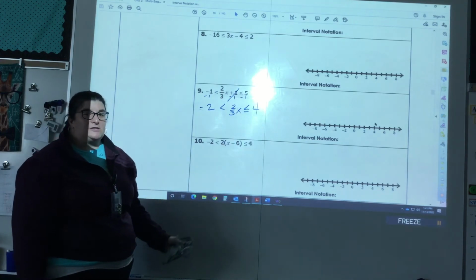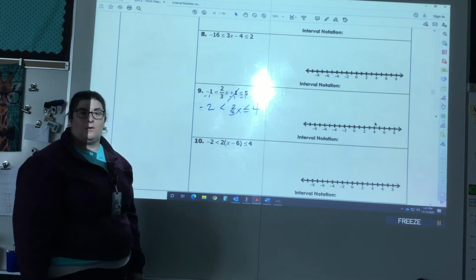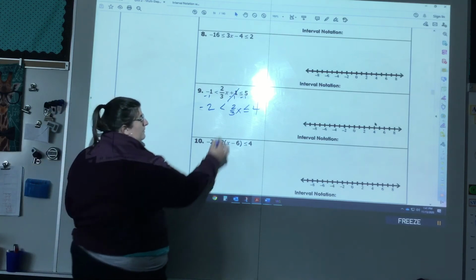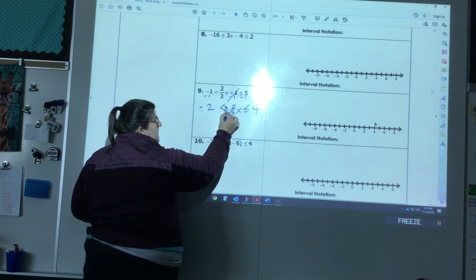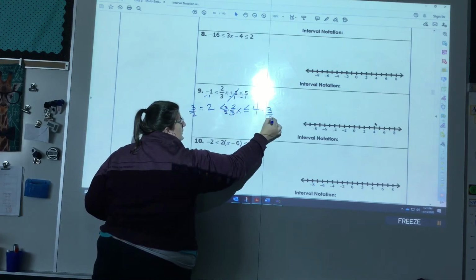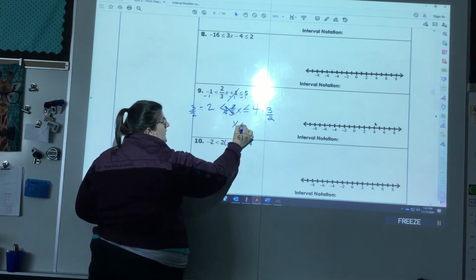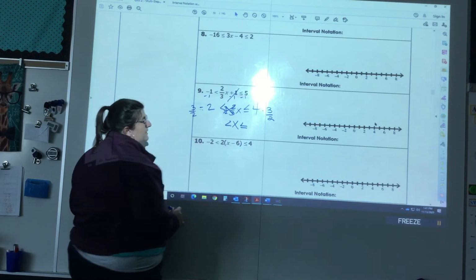Now we're back to the fractions. How do we get rid of a fraction when we're solving an inequality or an equation? Well, you multiply by the reciprocal, 3/2. Cancels this out. So x is by itself.